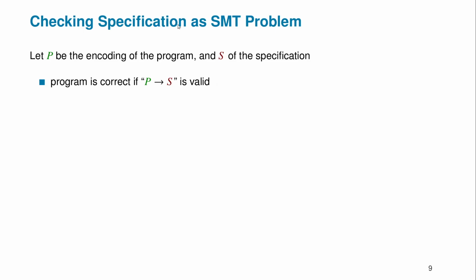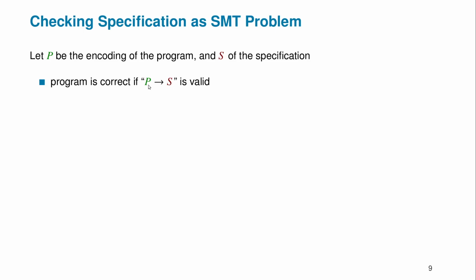And the only thing that is left to do is to connect the SMT representation of the program and the SMT representation of the specification. And how can we do this? We can do this by saying that the program is correct if the solution of a program is also a solution of the specification.